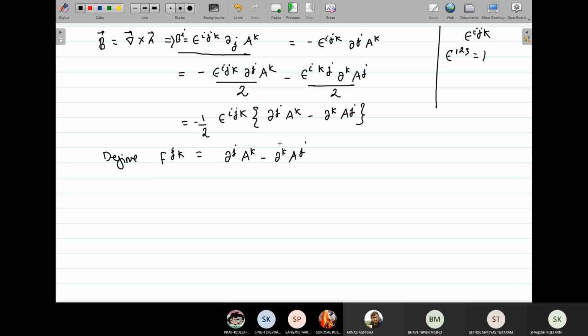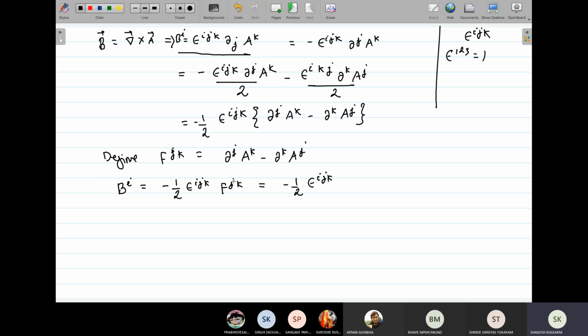Is this clear? Therefore, the ith component of the magnetic field is minus half epsilon ijk fjk.